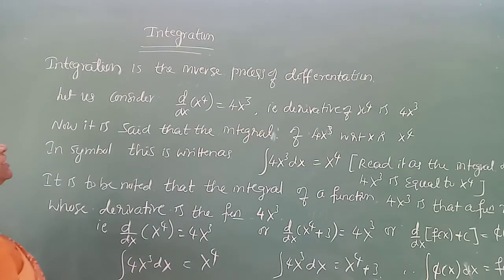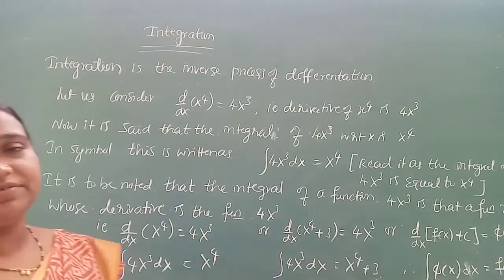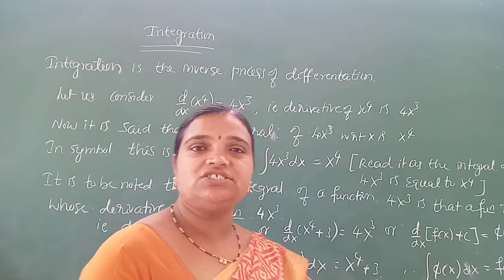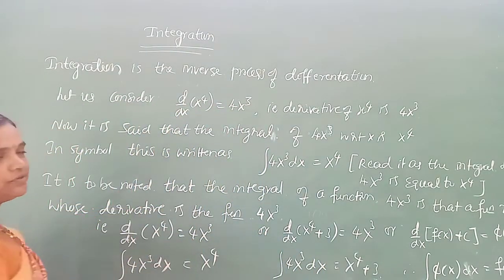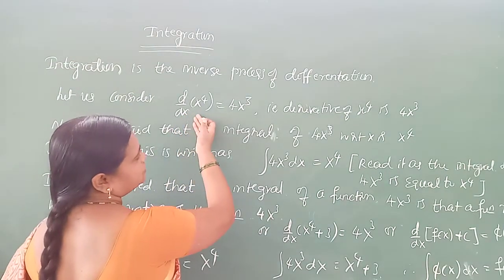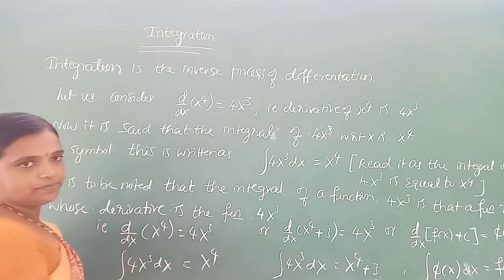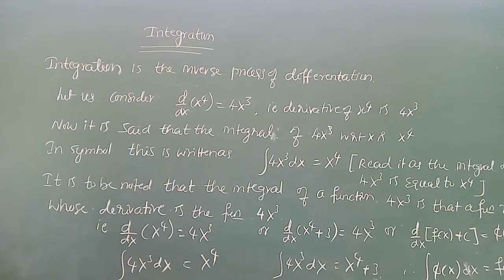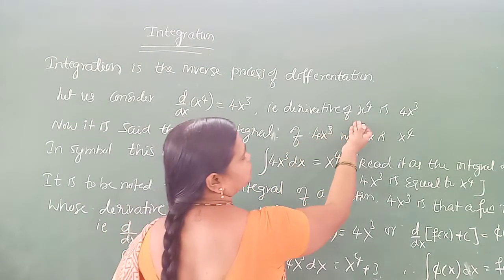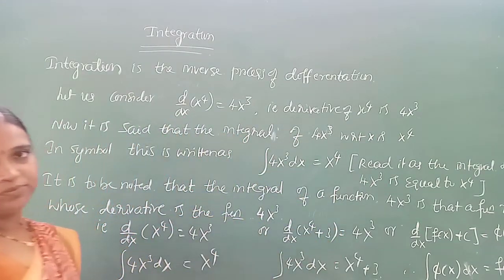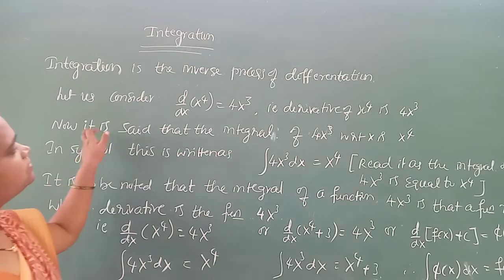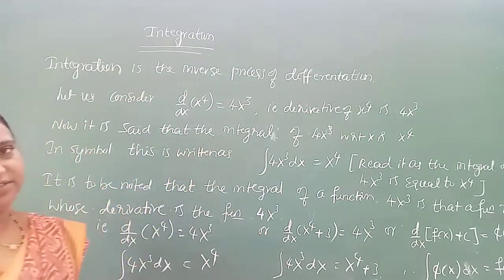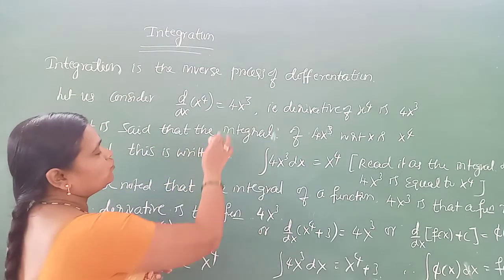Okay, consider an example. With an example I will explain how it works. Consider the differentiation of x to the power 4. We all know the differentiation of x to the power 4 is 4x cube. That is, we say the derivative of x to the power 4 with respect to x is 4x cube.